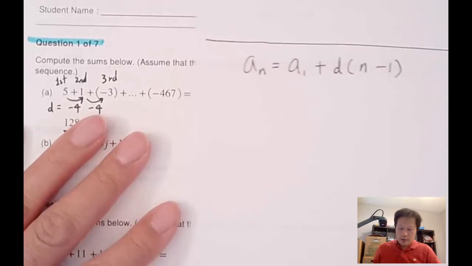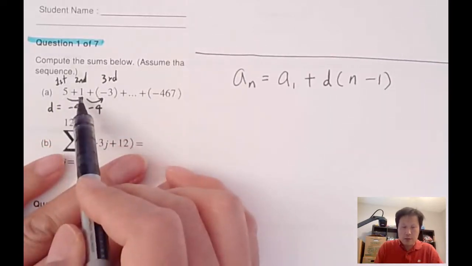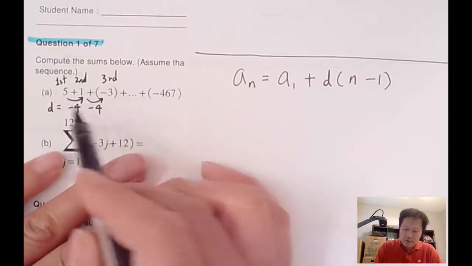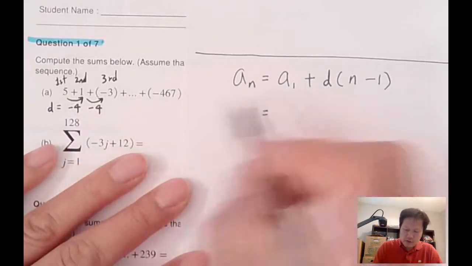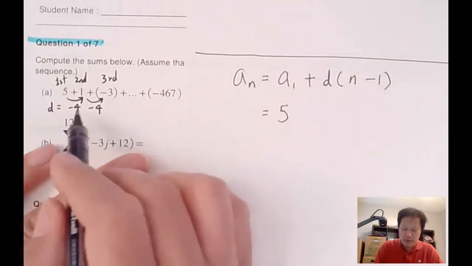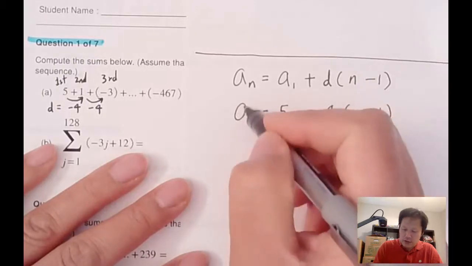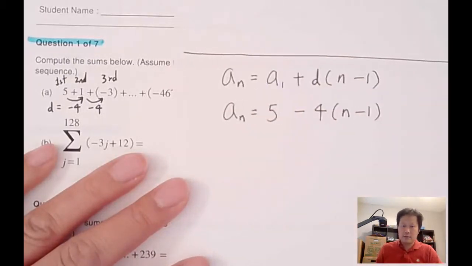Looking at this pattern here, 5, 1, minus 3, the first element is 5. Difference is minus 4 times parenthesis n minus 1. That's a sub n, the rule of the nth term.